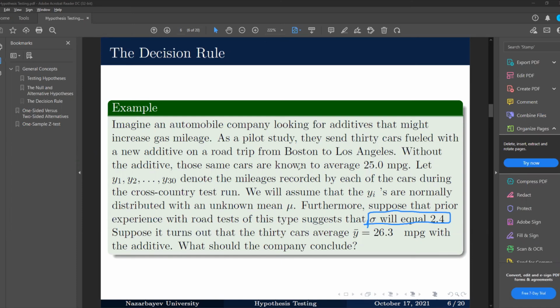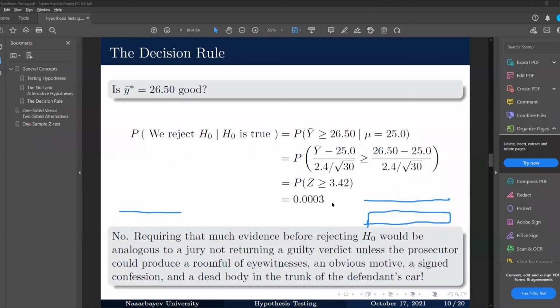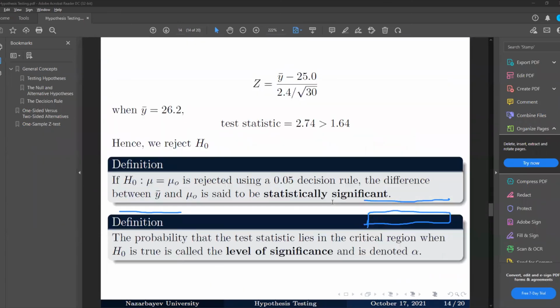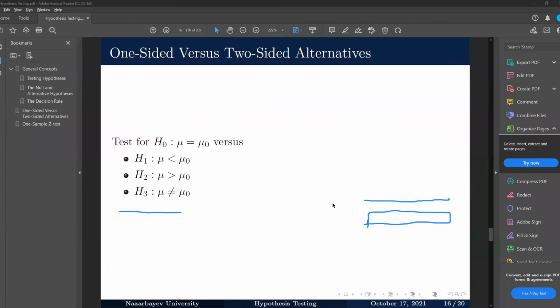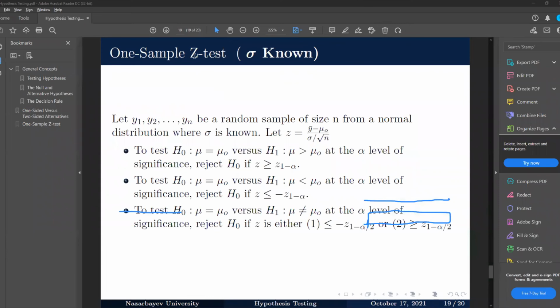Another thing to note is that our yi's were normally distributed. If these two assumptions about the population are valid, then we use a one sample Z test in the case when sigma is known, and our test statistic is given as Z scores.